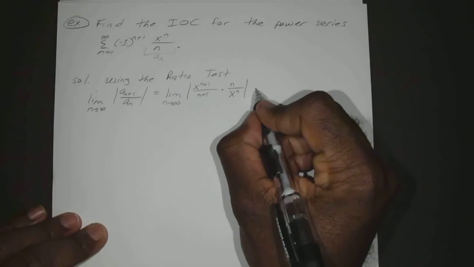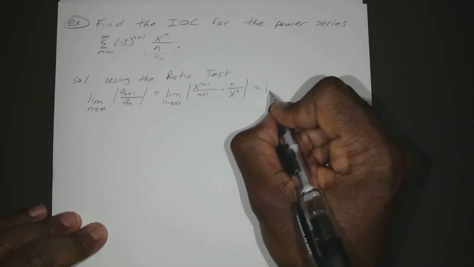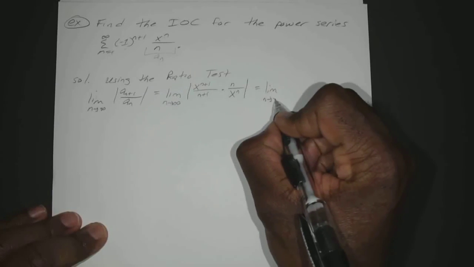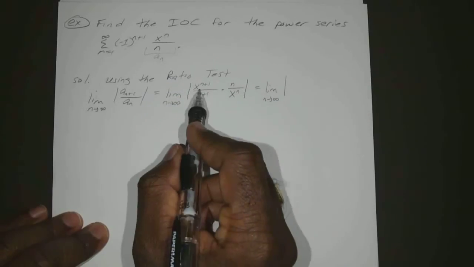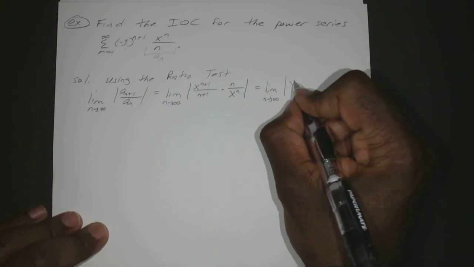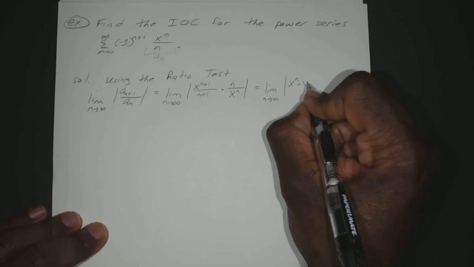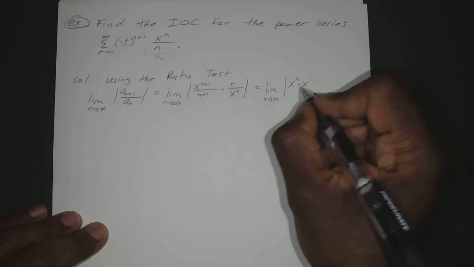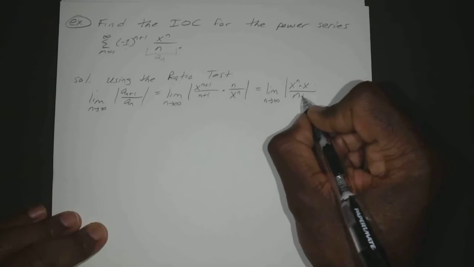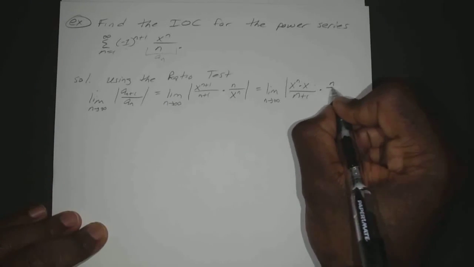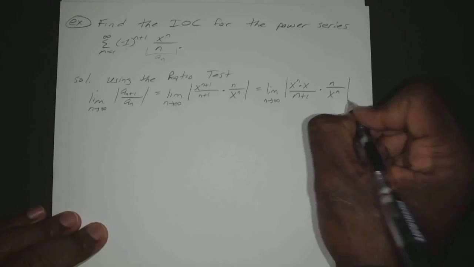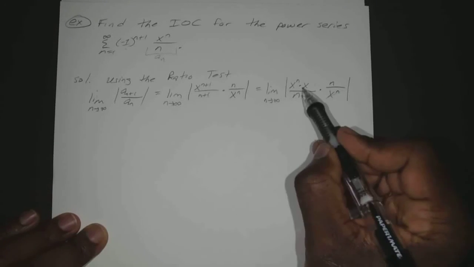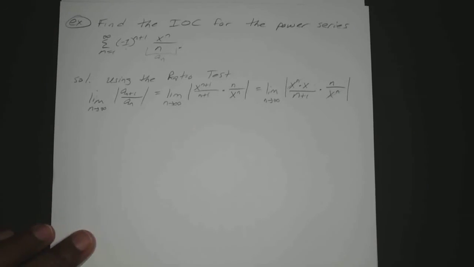Okay. Which is going to equal the limit as n approaches infinity, our x to the n plus 1, that could just be x to the n times x to the first, or just x, over n plus 1 times n over x to the nth power, where those two are going to cancel out.